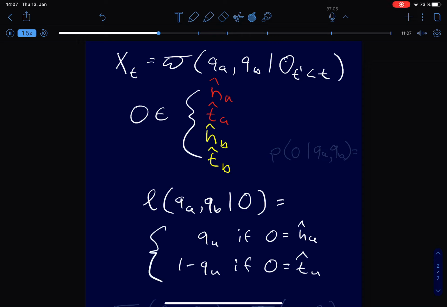This is, of course, the Bernoulli trial probability distribution.